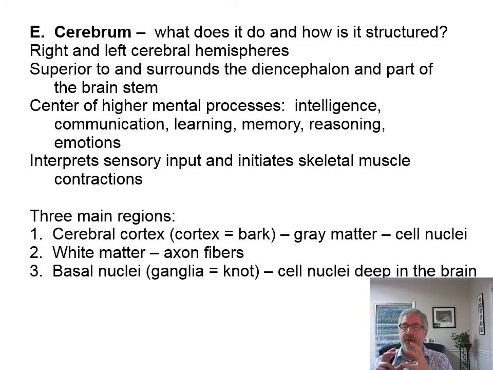So it'll be a cluster of cell nuclei that's deep down in the brain. So you have the cerebrum, and then you'll have the thalamus, which is the relay station mostly for sensory fibers, and then you have these little knots down below that are the basal nuclei. And I'll show you some pictures of those here in a second. So next slide.